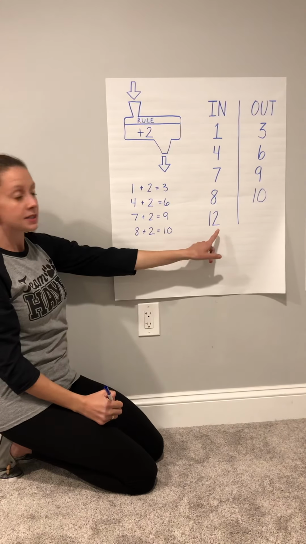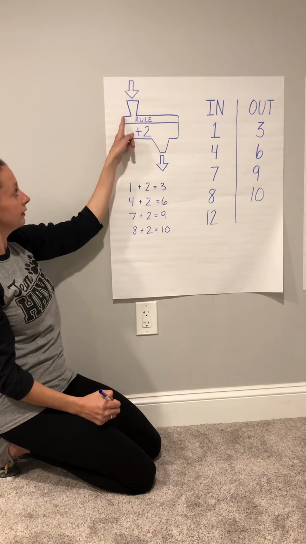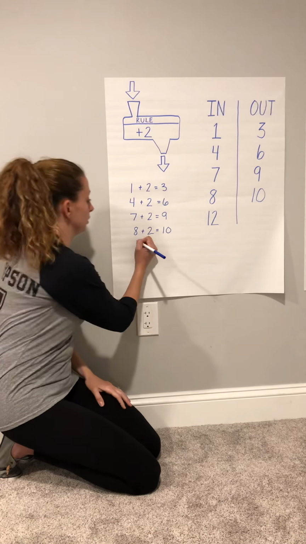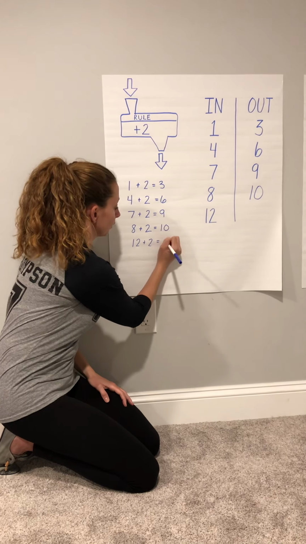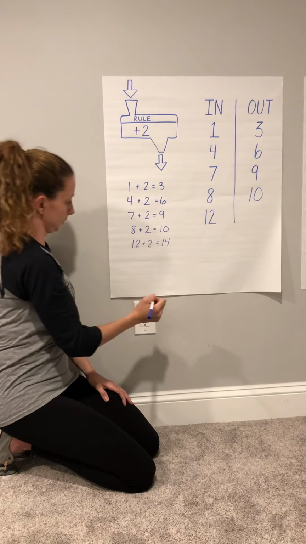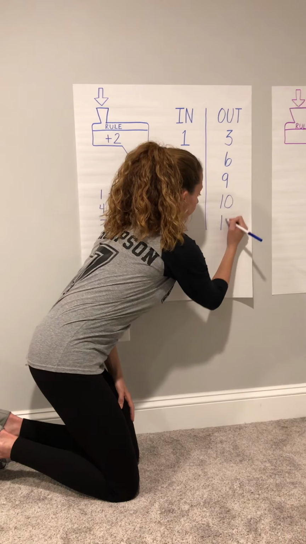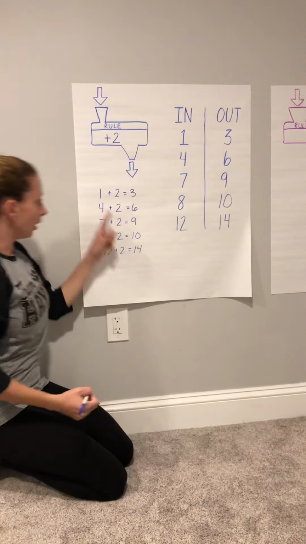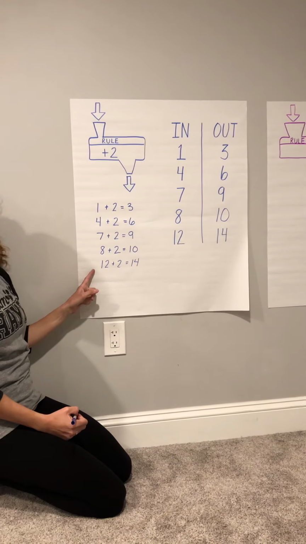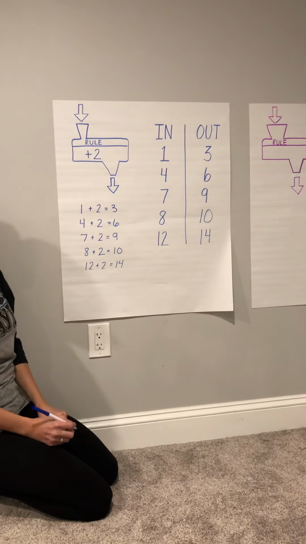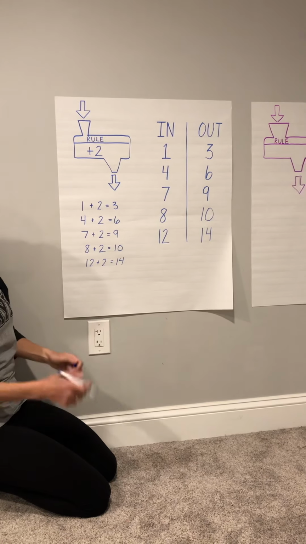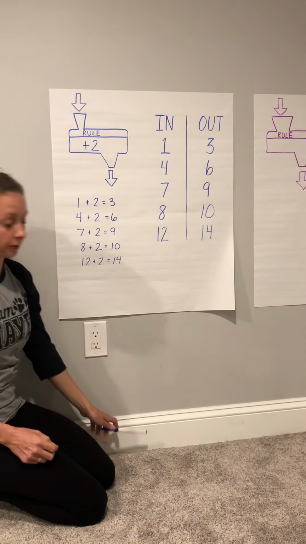In my last example, if I put 12 in and I add 2, 12 plus 2 is 14. All of my equations show that my numbers are getting bigger by 2 every time they go through the rule machine.